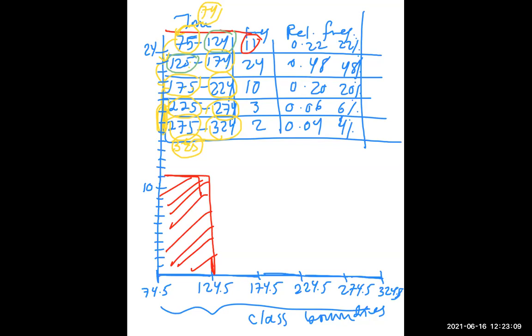The next one is 24, so you go up all the way to 24. Then 174.5 to 224.5 is 10 of them, so I go up 10, a little bit lower than 11.